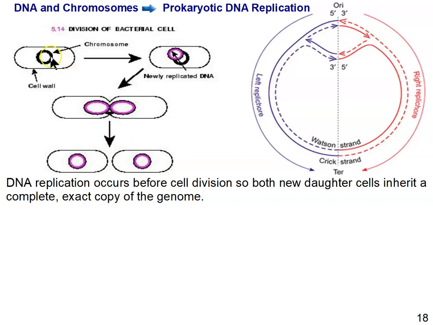So when a single-celled organism divides, it's reproducing. But for all cells, no matter prokaryotic or eukaryotic, the DNA has to be copied first. The DNA has to be replicated first before the cell actually divides and splits in two. So in prokaryotes, because it's a circular chromosome, that happens by starting in one place, and that's known as the origin of replication.